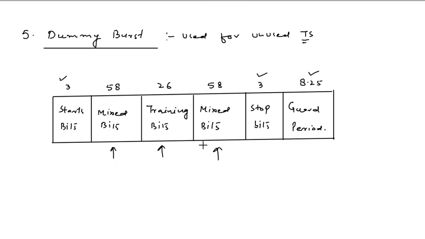Okay, so this is basically to fill that particular time slot where we do not have a particular user to transmit. So this is all about these different burst categories which are used for data transmission or control signal transmission in GSM technology.